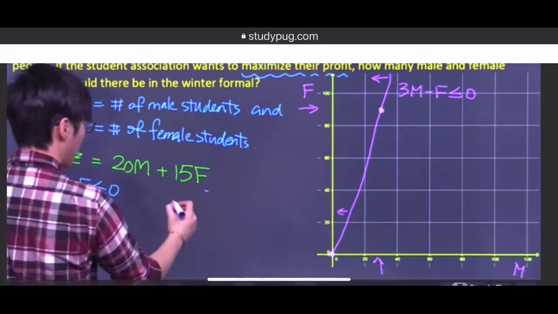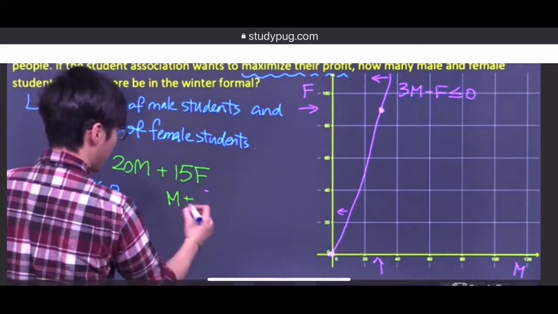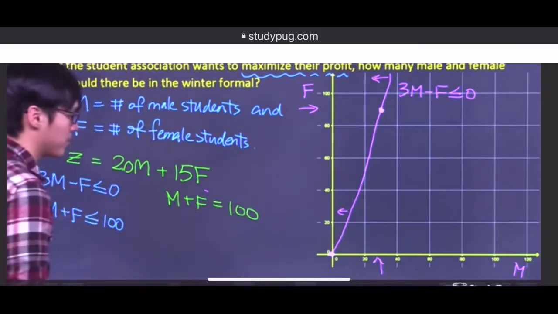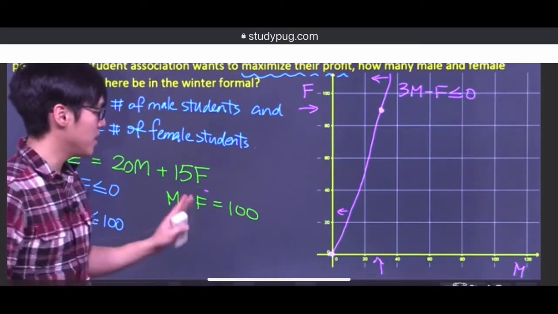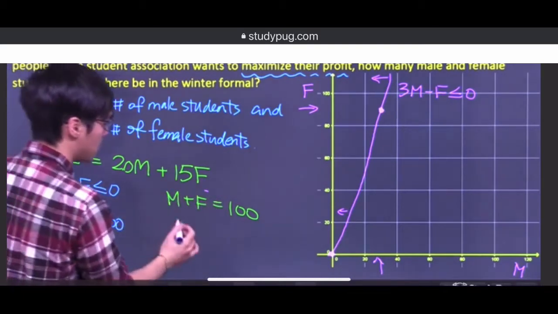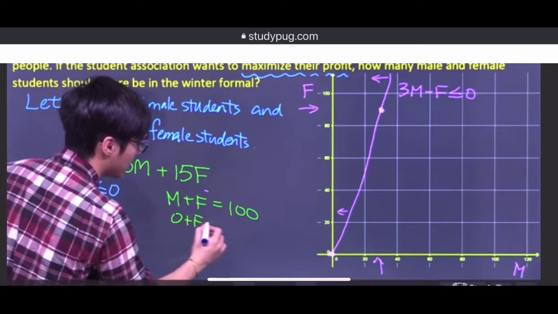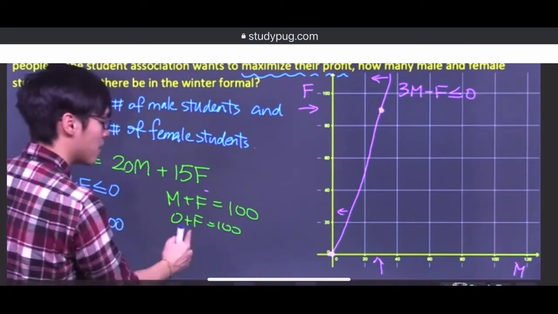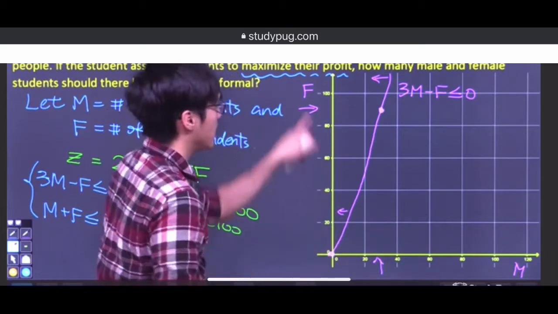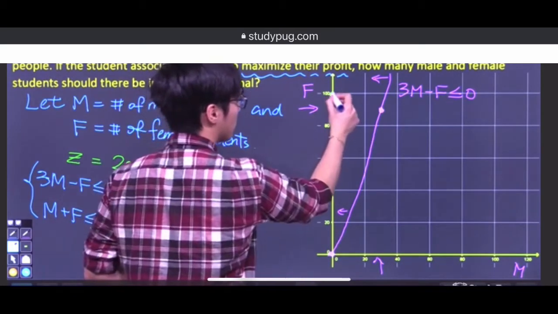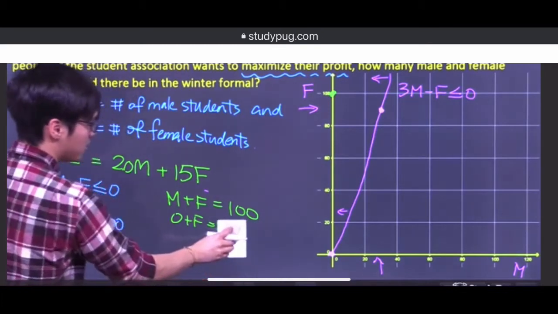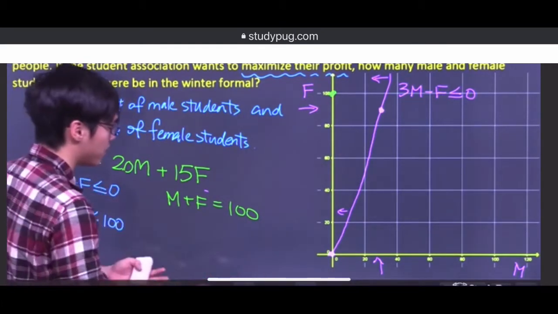Now again, we will write it as m plus f equals 100. Okay, so for this one, it's easiest when we just plug in zeros. So if m is equal to 0, we have 0 plus f equals 100. So our f will equal 100. So m equals 0, f will equal 100. So that is 1 point. Now, similarly, instead of letting m equal 0, let's let f equal to 0.